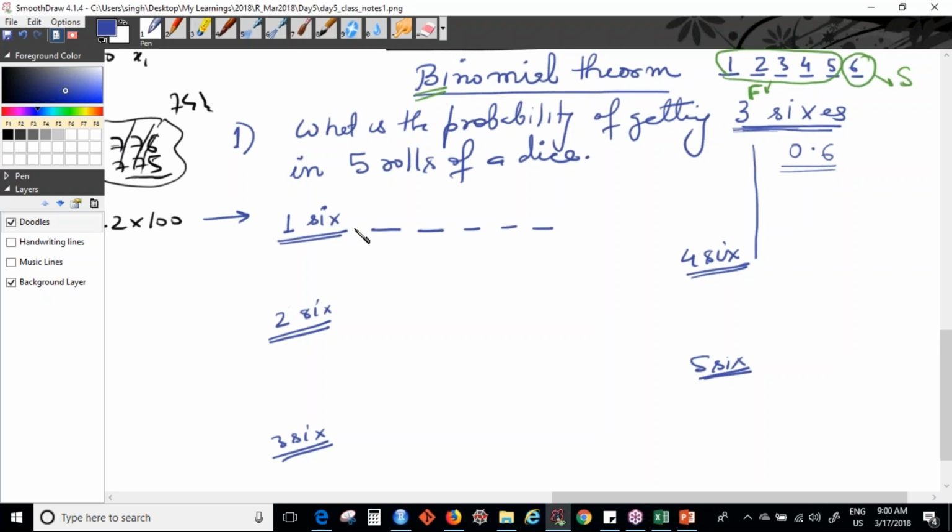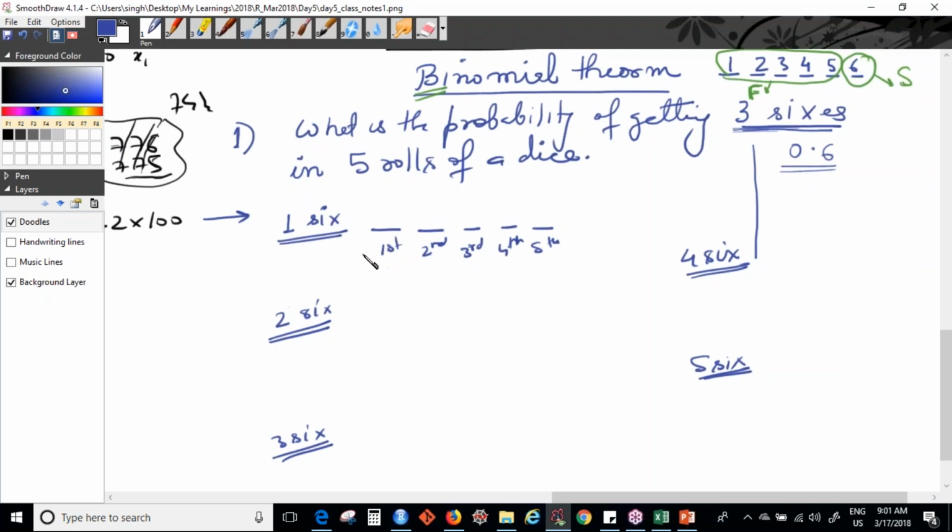What is the probability of getting a 6 when you roll a dice once? This is the first time you are rolling, this is the second time, third, fourth, fifth time you are rolling your dice.